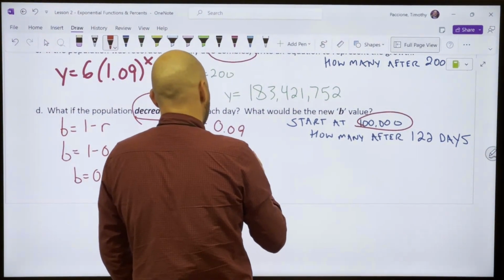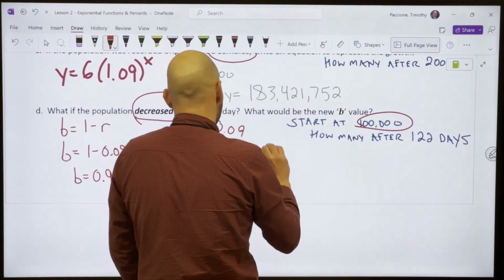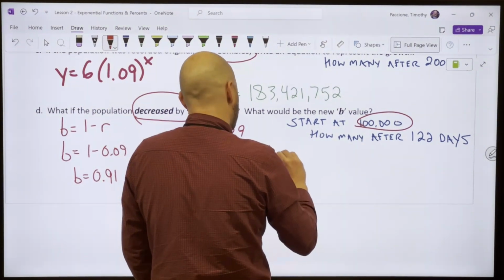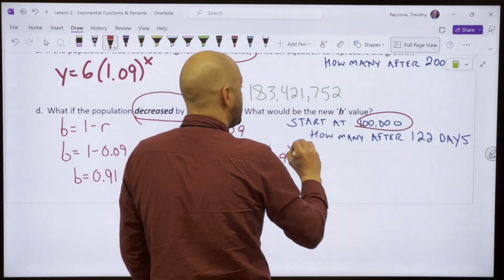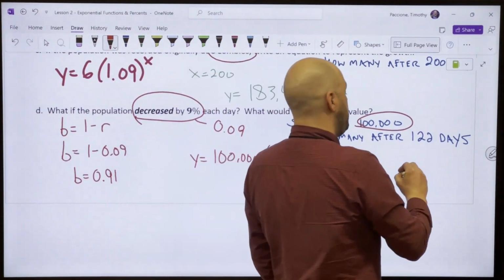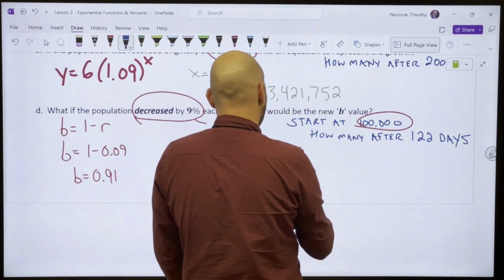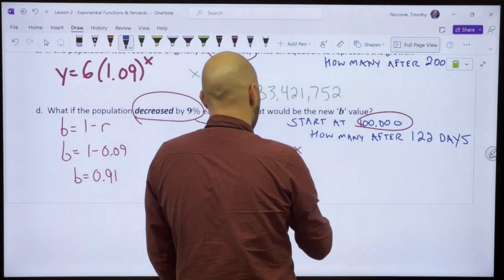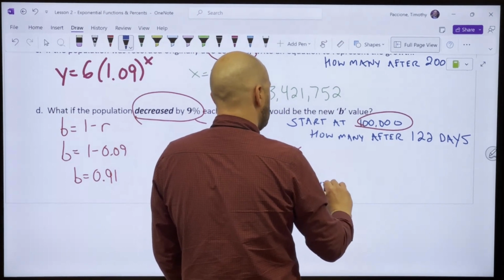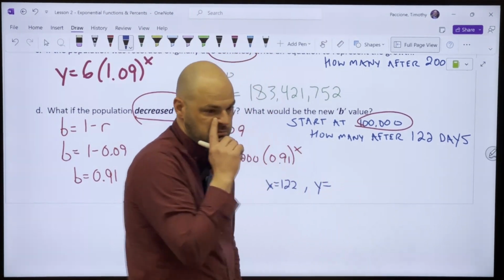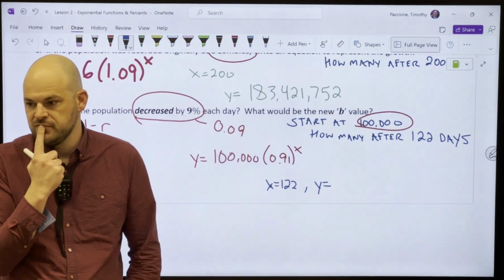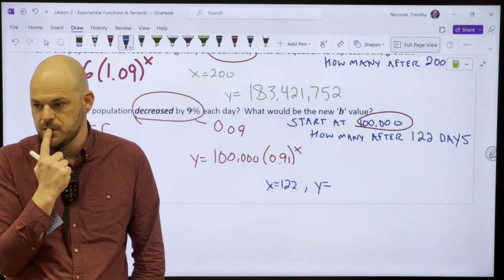So 100,000 times 0.91 to the x. And then I gave you an x value of 122. So you just plug that in, and you get 0.000060423. Anybody get a different number?